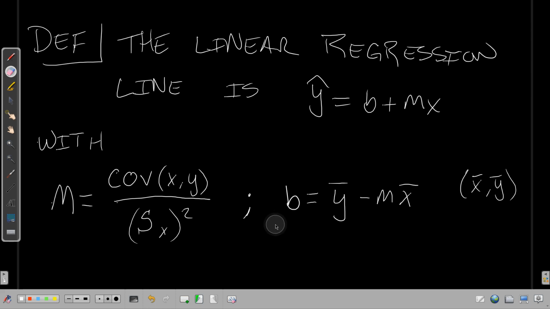It must be, since this is how b is computed. So this point is on the line.